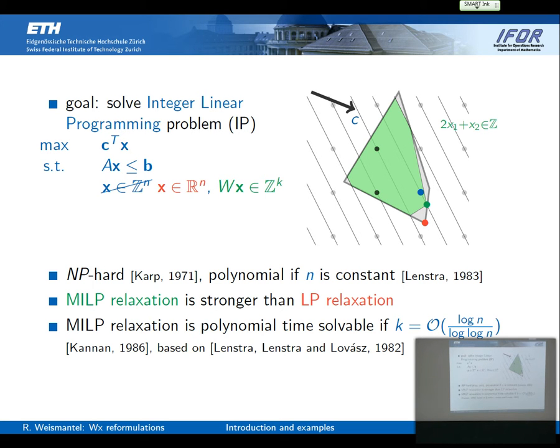And of course, if k would be a constant, we know by Lenstra's algorithm that we could solve this relaxation in polytime. And note also that if you start off with, say, a 0-1 program, then usually if you introduce these kinds of constraints, you get a larger range. So if the range would be sufficiently big, then it really makes sense to use this IP theory in fixed dimension. Okay, so that's the kind of setting we would like to work in.